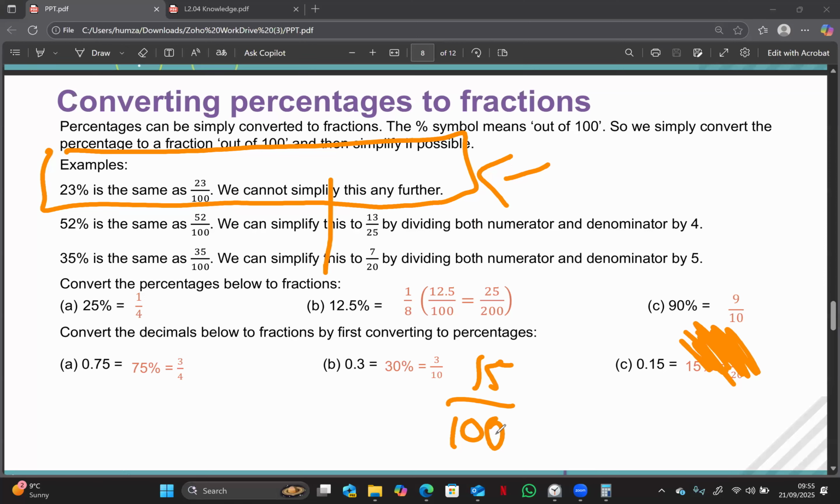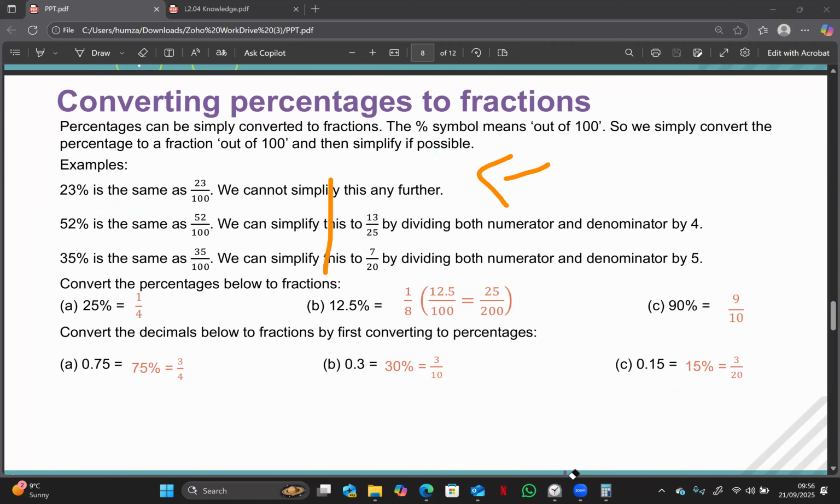Remember, for these kinds of questions, you can even get help from your calculator. You can just trial it: 15 divided by 1, 2, 3, 4, 5, and so on. 5. Yes. So what's the answer? 15 divided by 5 is 3, and 100 divided by 5 is 20. So the answer is 3 over 20. Was that clear to you?